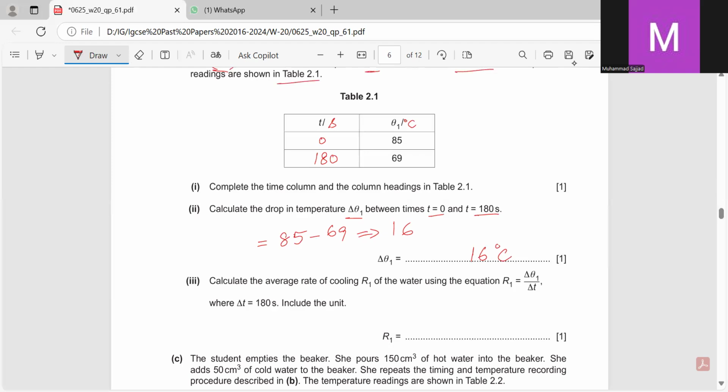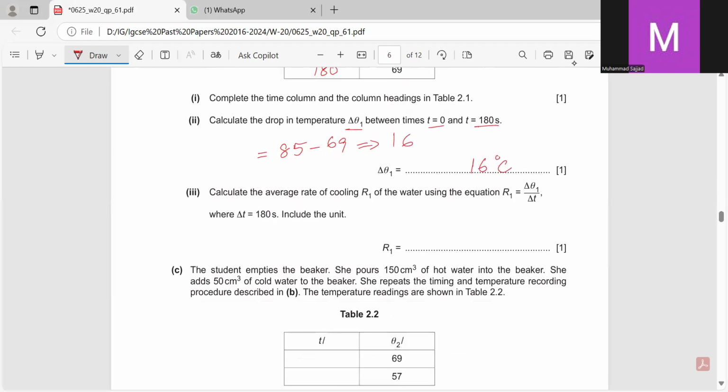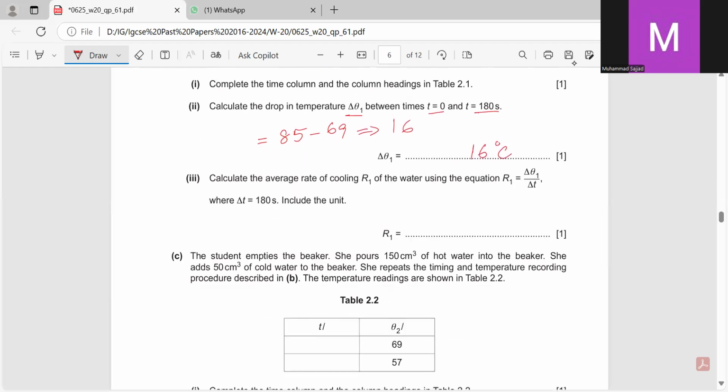Then calculate the average rate of cooling R1 of the water using the equation. See, again the formula is given, and include delta T is 180 seconds, include the unit. So R1 is equal to delta theta 1, which is 16 degrees Celsius, over delta T, which is 180 seconds.